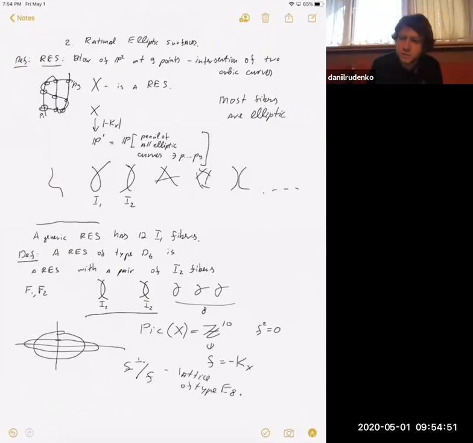So this has an intersection pairing, so it's a lattice of type E8. So it has many roots, of course, sorry, 240 roots.